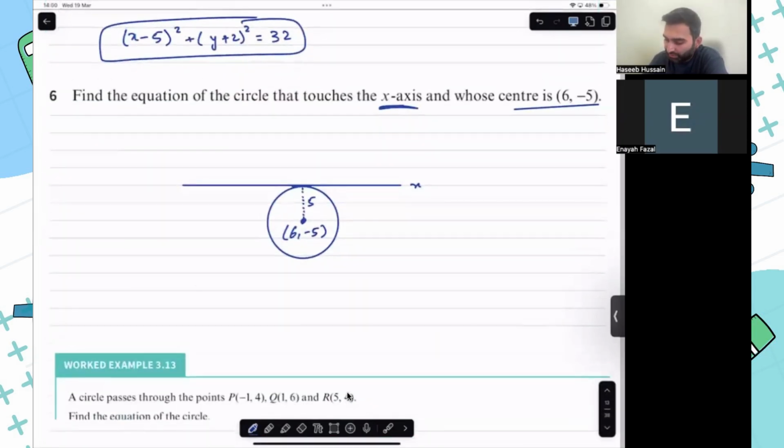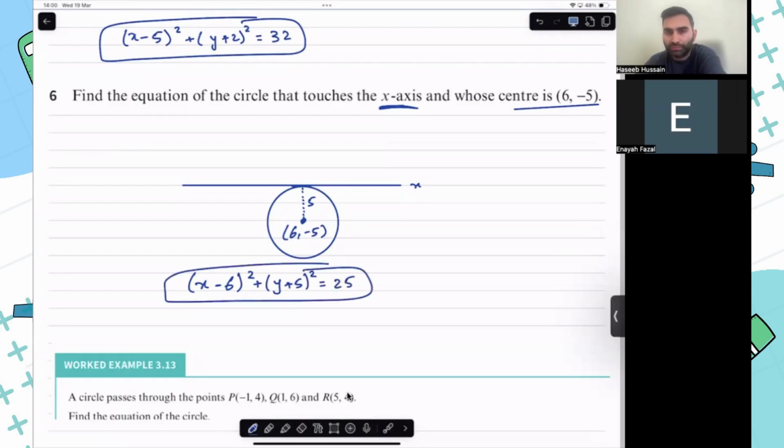So your equation becomes (x - 6)² + (y + 5)² = r². Okay. Yes, sir.